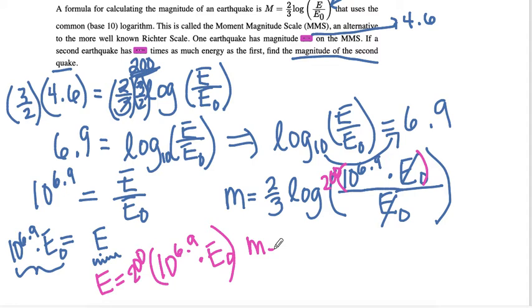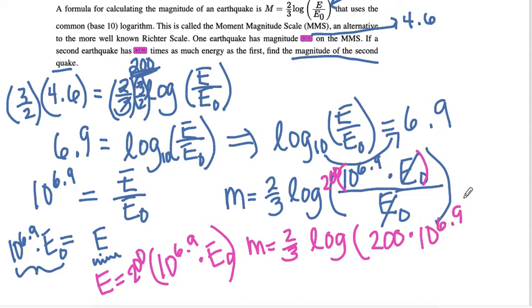Then I have M equals 2/3 log of 200 times 10 to the 6.9 power.